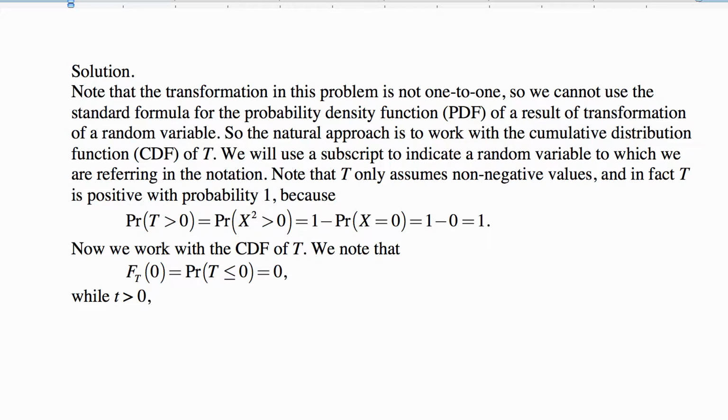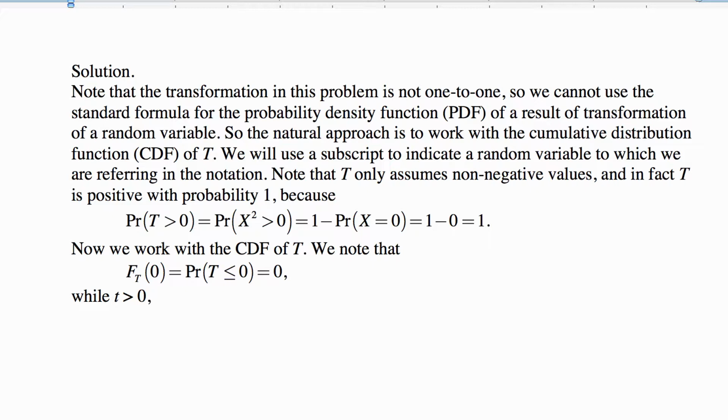Well, if you read my study manual, you know that you prove the formula for the PDF by using the CDF technique, the cumulative distribution function technique. You simply figure out the CDF of the result of the transformation from the original CDF. It's a simple approach, really, even though it sometimes requires some work. That's what we're going to do.